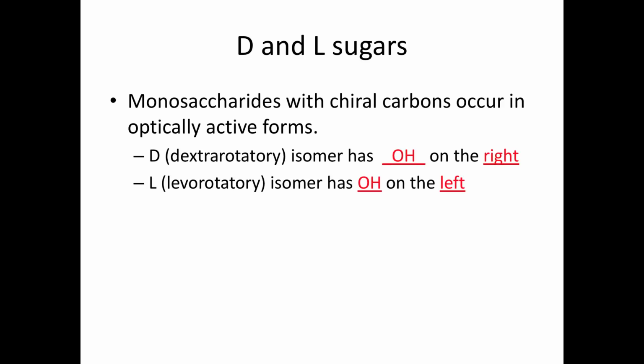In contrast, the L or levorotatory isomer has the hydroxyl group on the left. Now, whether or not a sugar is classified as a D or L is based on the position of the chiral carbon that's furthest from the carbonyl. Okay, so there's only one position that determines whether or not a sugar is a D or L sugar.